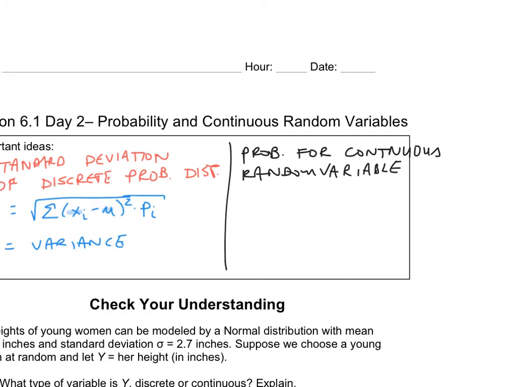This is kind of a reworking of what we've already done. And so this diagram is going to look super familiar to you. We go from 0 to x, and the area under our curve is always equal to 1. So if all of them are uniform, meaning all of them are the same height, it's got to be 1 over x because this distance here is x, right? And so if our area has to equal 1, well, it's the same. If it's not uniform, then it's going to look something like this, right?